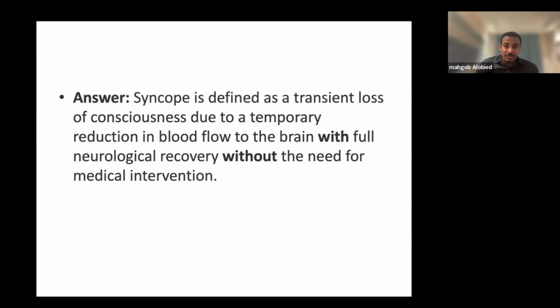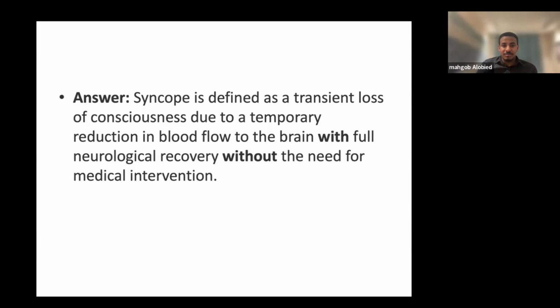So the definition of syncope, as you said, is a transient loss of consciousness due to a temporary reduction in the blood flow to the brain, with full neurological recovery without any intervention. The patient will tell you, like, all of a sudden I felt like I blacked out.